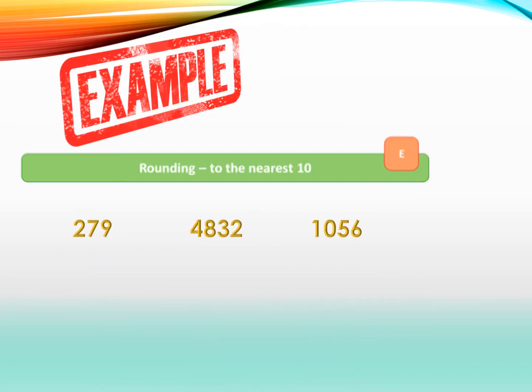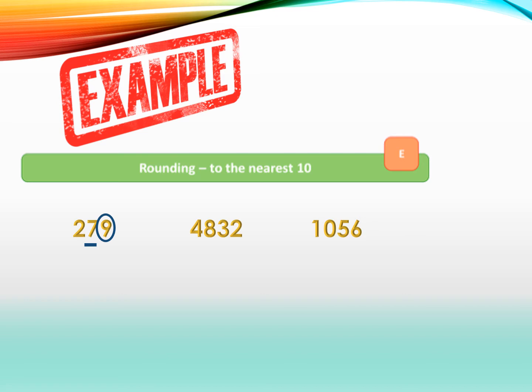Let's take an example. Make approximation to the nearest 10. The first number is 279. First, we must determine the tens number. So I will underline the tens, which is 7. And I will look at the number on the right, which is 9. I will circle it and ask myself if 9 is a strong number or weak number. If it is a strong number, it will give the 7 one more.